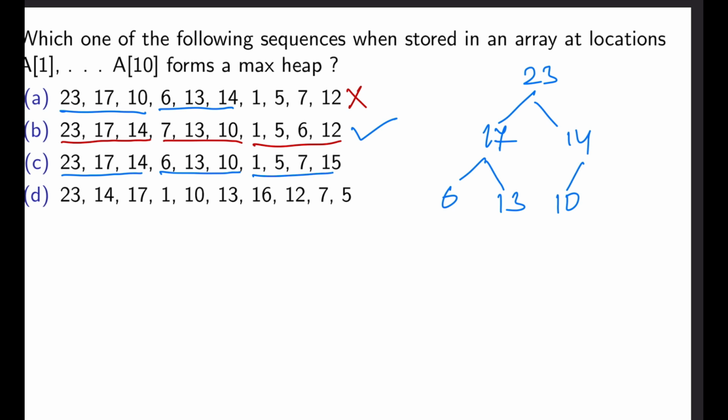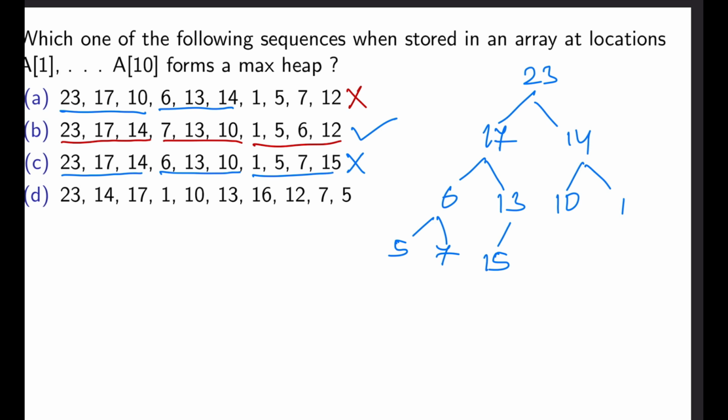Then 1, 5, 7, 15. Here you can see the property is violated: 13, 15. Similarly 6, 7 is also violated. That's why we can say this one is not a heap or max heap.